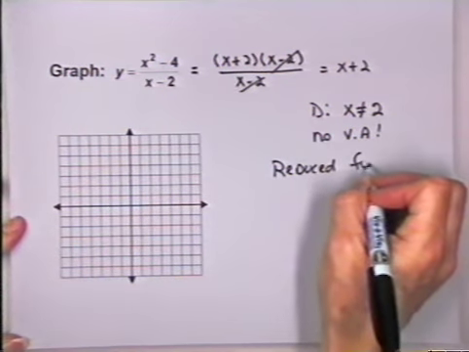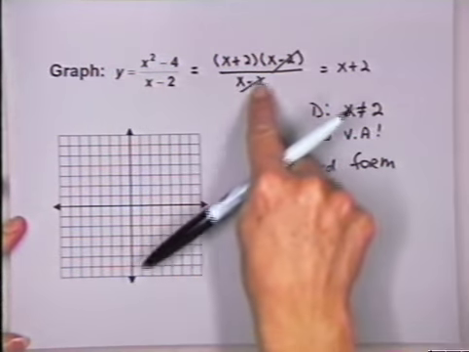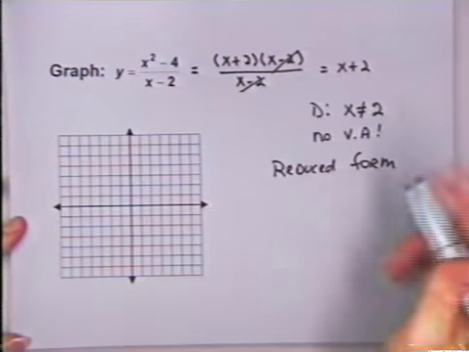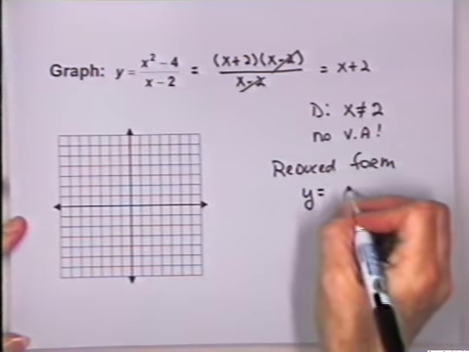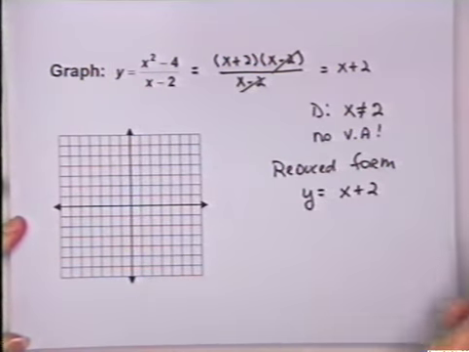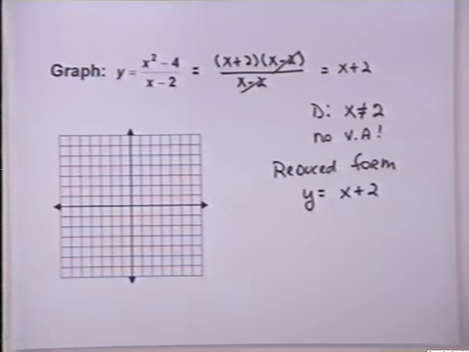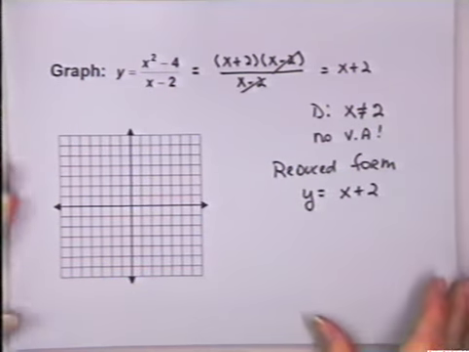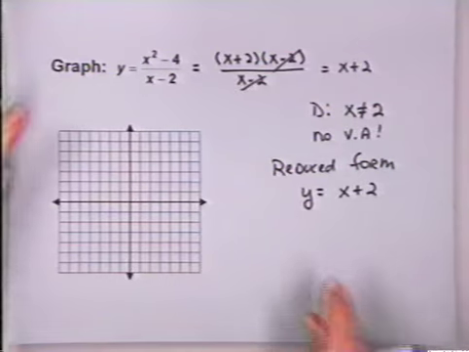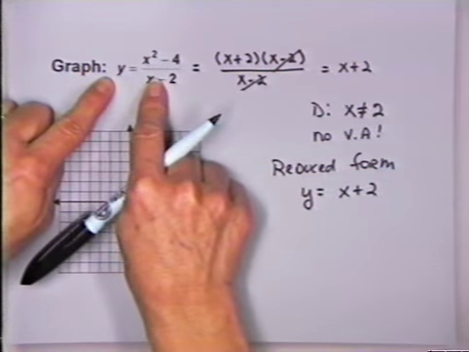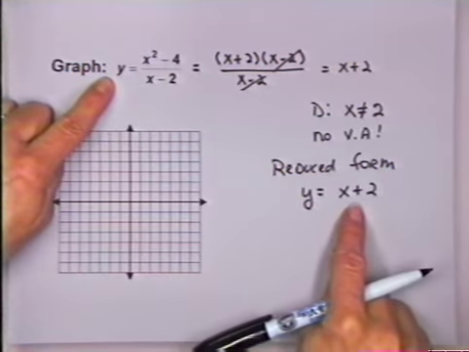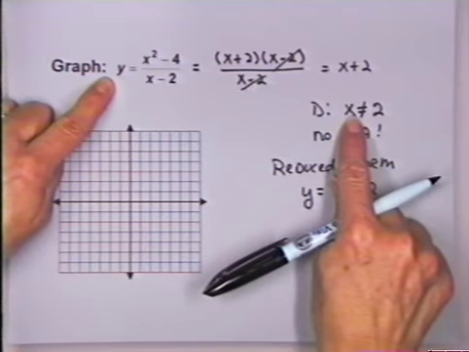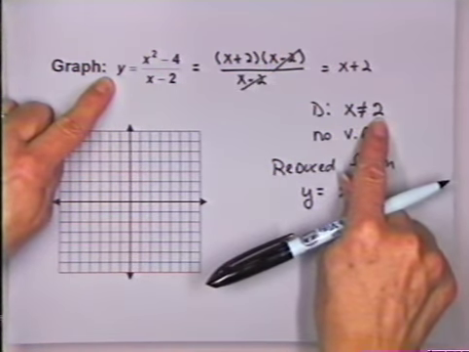If we do cancel this, it looks like our equation says y equals x plus 2, doesn't it? Well, we know what that is. That's a line. Okay? So what we're seeing is that the graph of this original function will be almost the same as this. The only difference will be that we cannot use x equals 2.